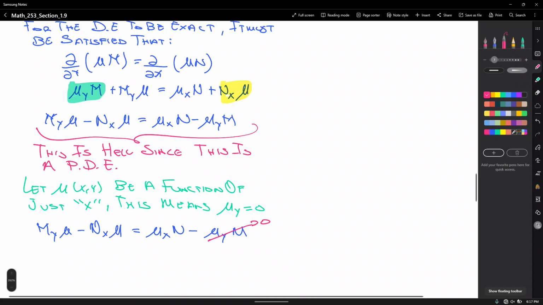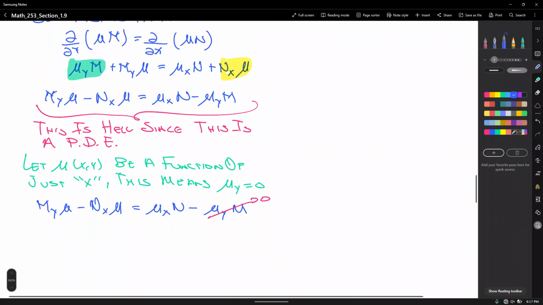Why are we solving a partial differential equation here? Because we have m with respect to y and m with respect to x. So having this just being a function of x simplifies the process. Well, the rest of the problem is going to be very straightforward. So that is mu. Okay, I'm actually going to reverse the order of the equation.